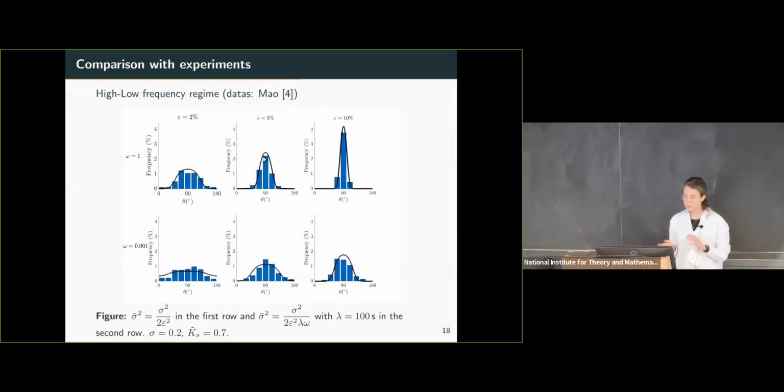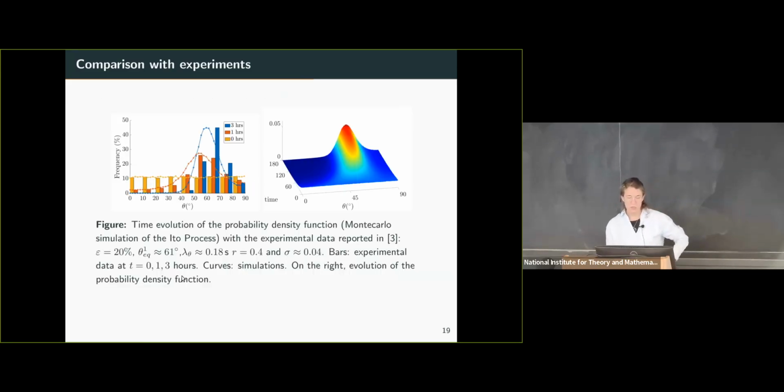So what happens with respect to the high and low frequency regimes? We could also recover for a fixed value of sigma the different results. So in black, we have our solution, and then their histograms. Here we have the high frequency regime, and here we have the low frequency regime. Then we looked also at the evolutionary behavior, and also when we consider a comparison with some experimental results, we found quite good agreement.